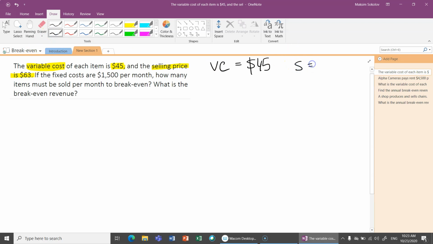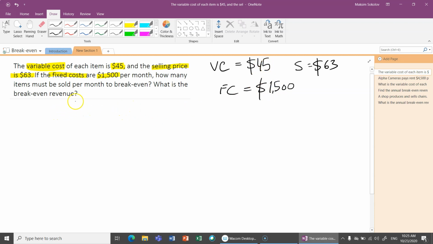So selling price is $63. Fixed costs are $1,500, which could be a rent or something which doesn't depend on the number of items we sell.